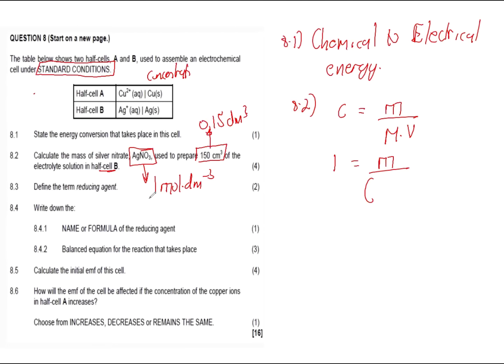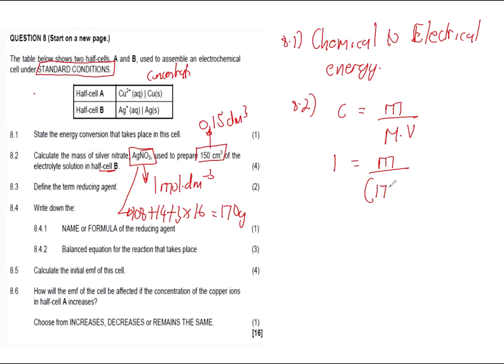So if we can just quickly calculate the molar mass, Ag gives us 108, and then N is 14, and then plus 3 times oxygen, which is 16. So that's 170 grams, right?